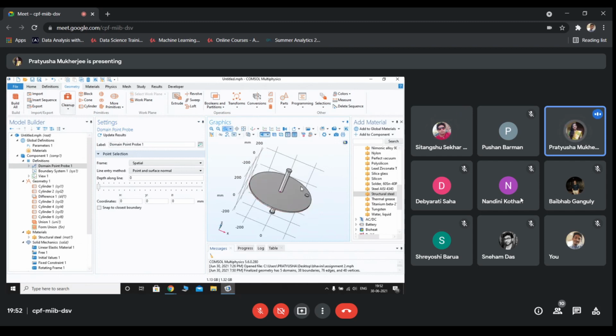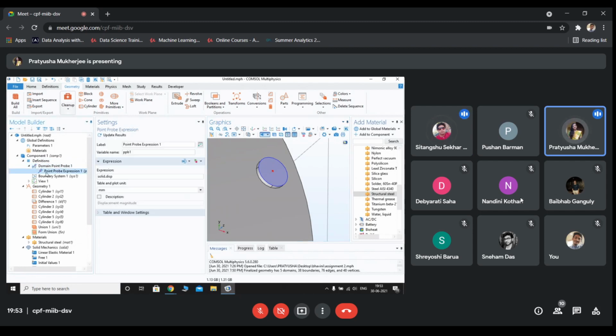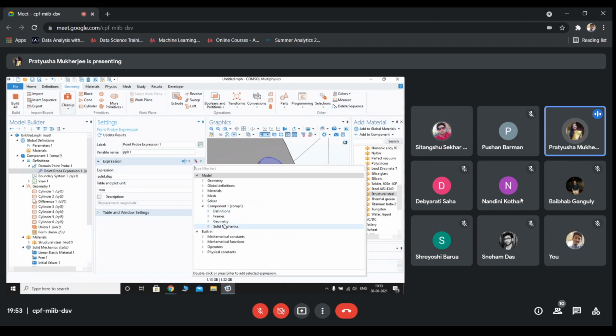Just zoom in that point. I have to take a point here arbitrarily. Then go to domain point probe expression. Here this symbol. Here go to solid mechanics.